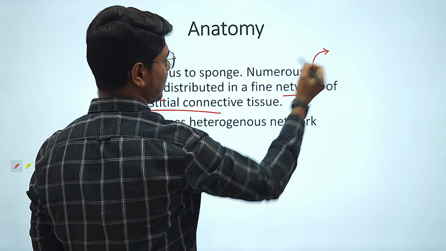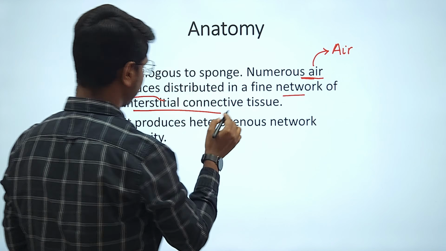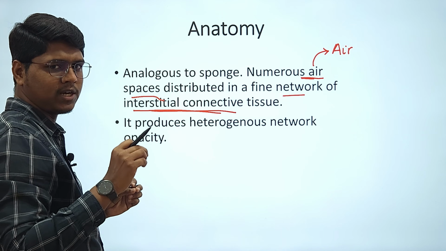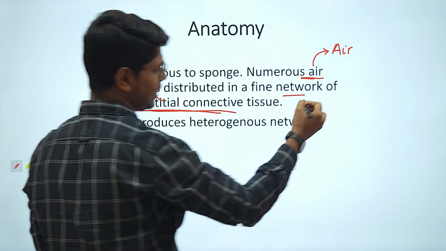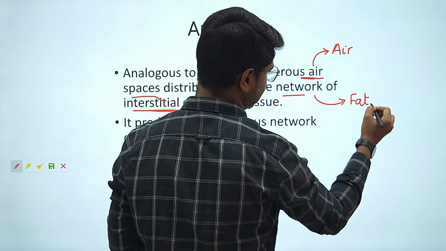The alveoli have air, so they have air opacity, while the interstitium is a soft tissue but very thin. You can correlate it with fat opacity, but it's a soft tissue. It is not exactly fat opacity.